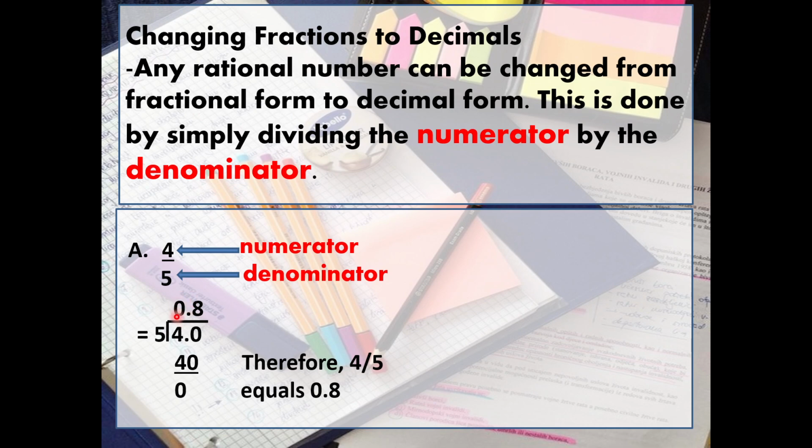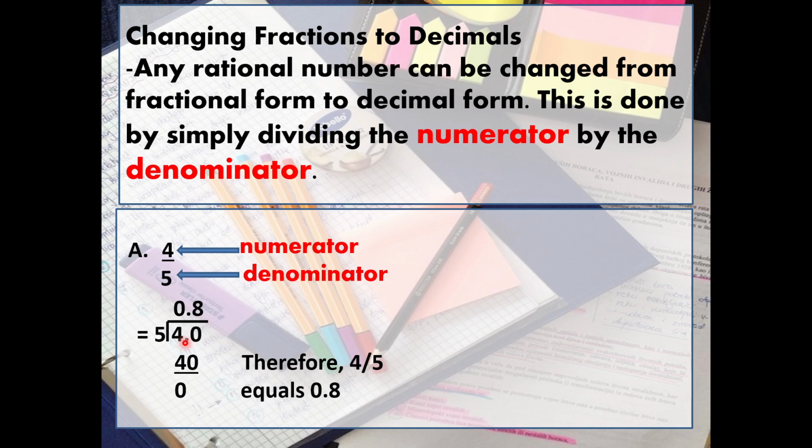Pagkatapos, maglalagay tayo ng point dito sa tabi ng 4 at dito rin sa taas. Bakit? Kasi kailangang maging mas mataas ang dividend. So mag-a-add tayo ng 0. So pag nag-add ka ng 0, automatic maglalagay ka dito ng point o tuldok, at doon din sa taas.